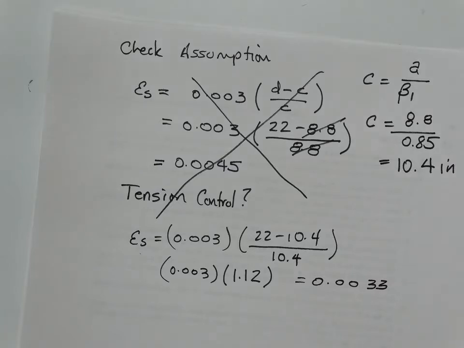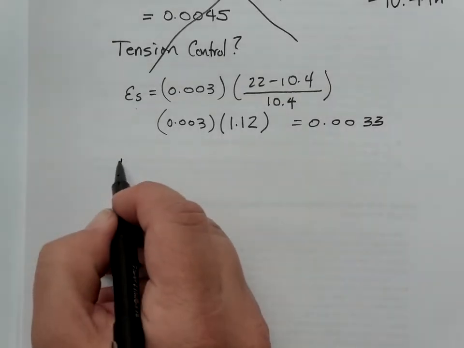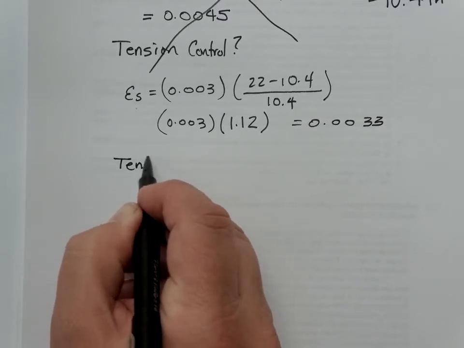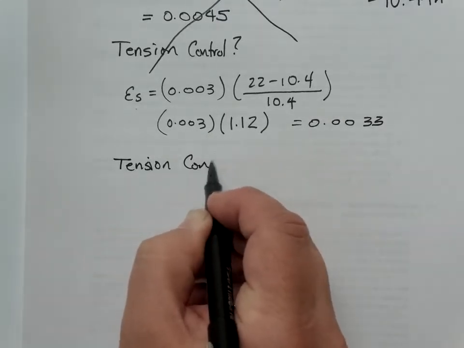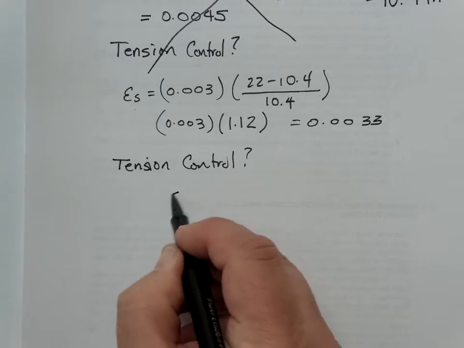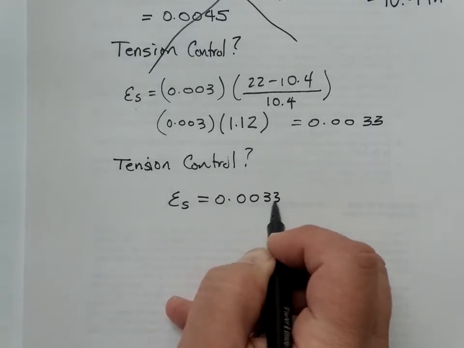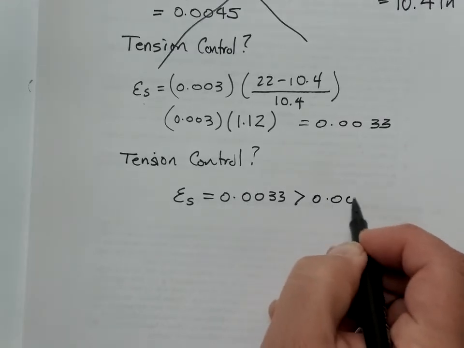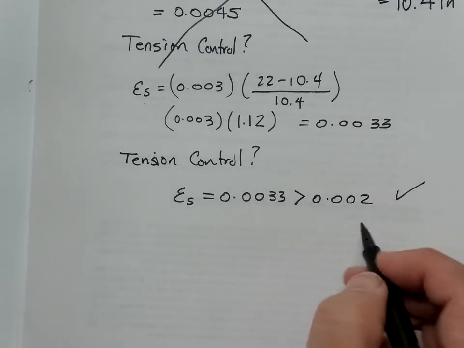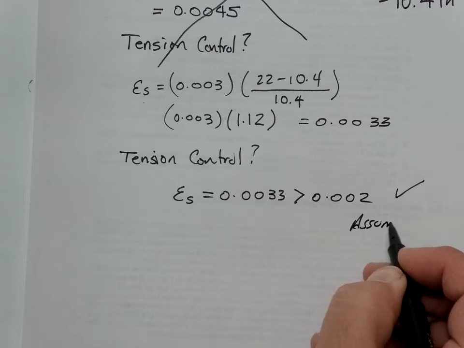Everyone get that number? Okay. So, are we in tension control? The strain in the steel is equal to 0.0033, which in fact is larger than 0.002, right? So our assumption is valid.